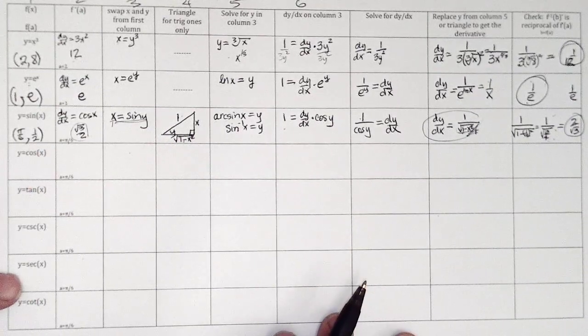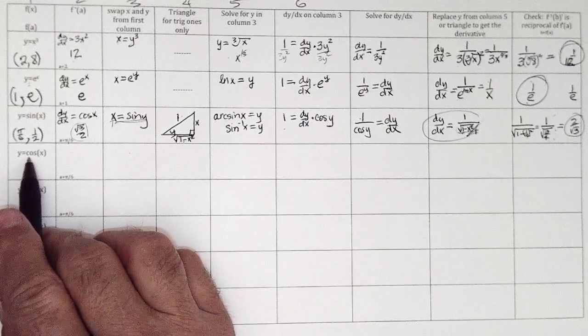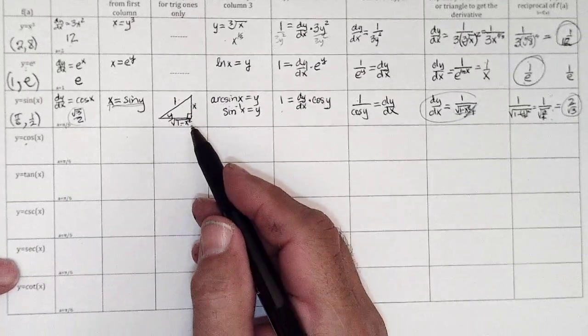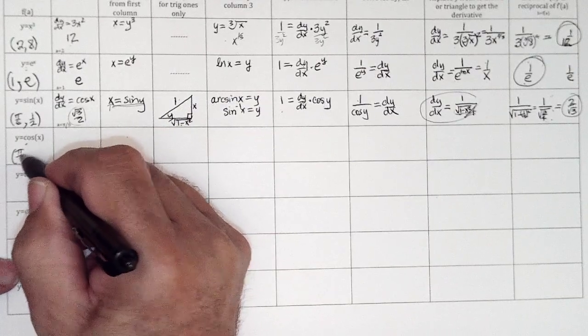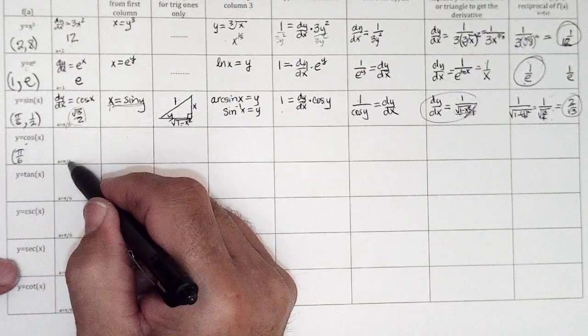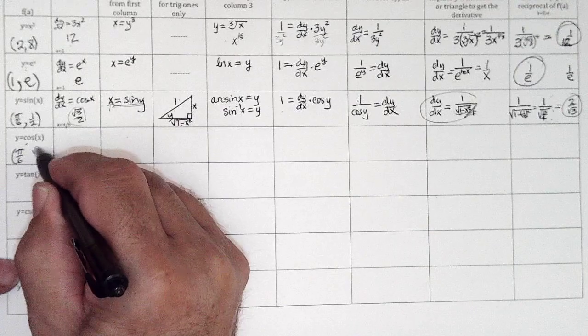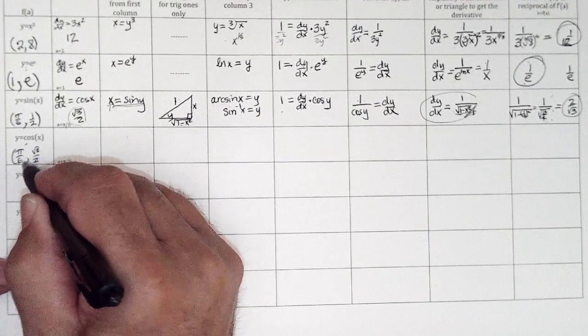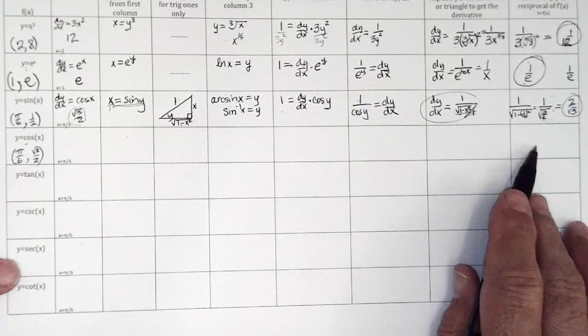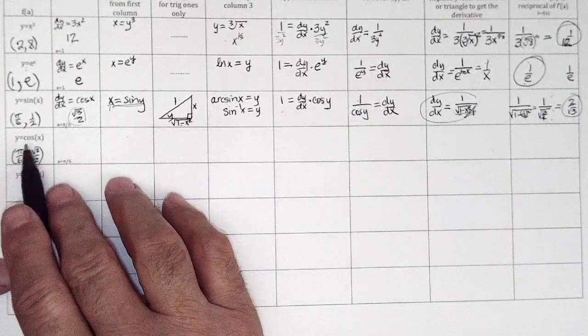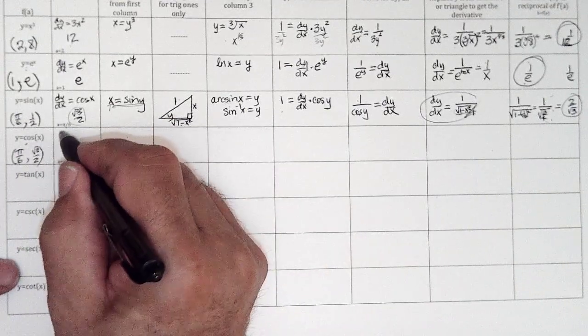All right, let's figure out the derivative of arc cosine. So if I put pi over 6 into this, cosine of pi over 6 is square root of 3 over 2. So I'm going to put square root of 3 over 2 into the derivative and hopefully get the reciprocal of the slope of this one.